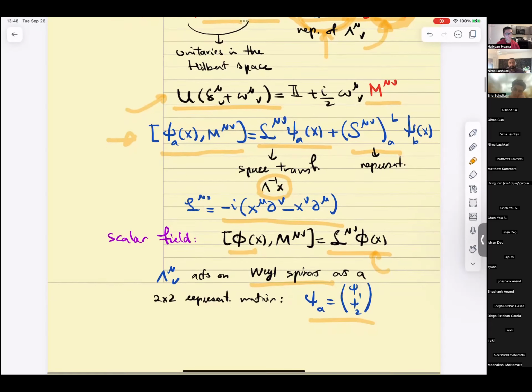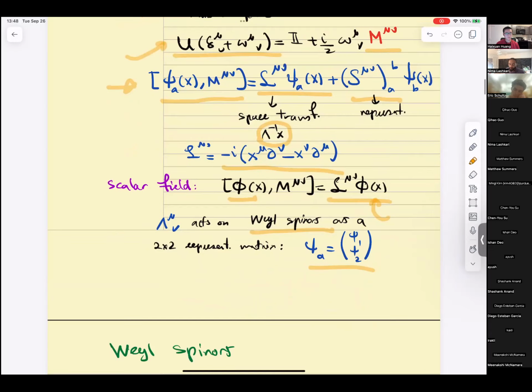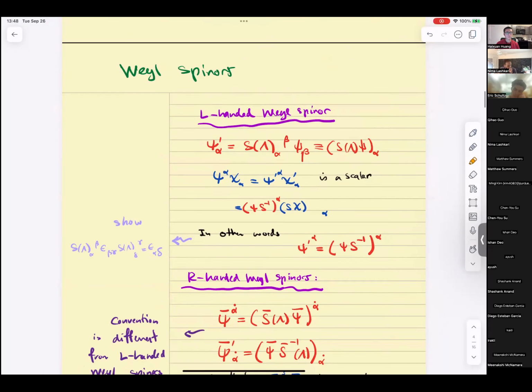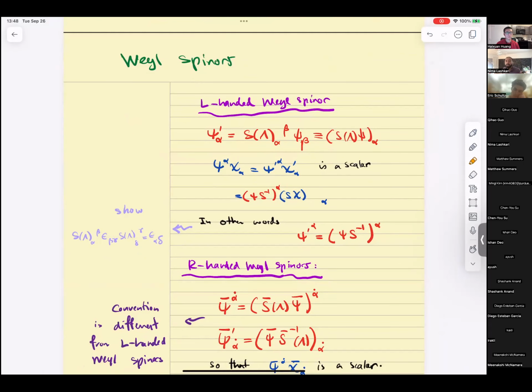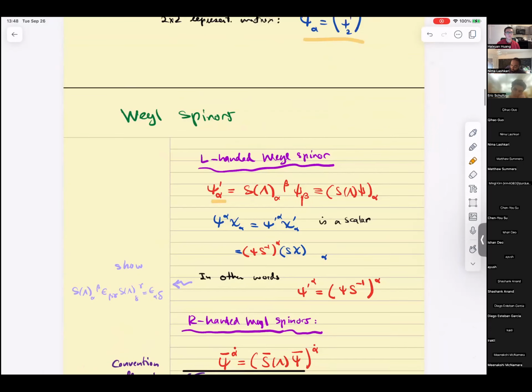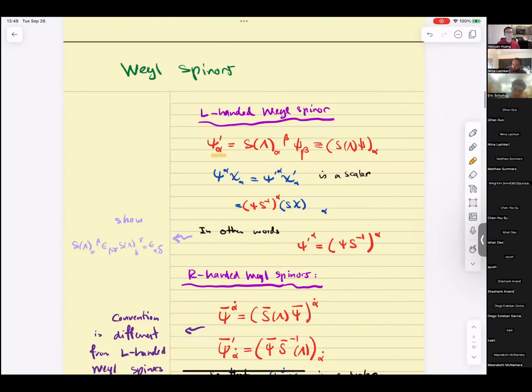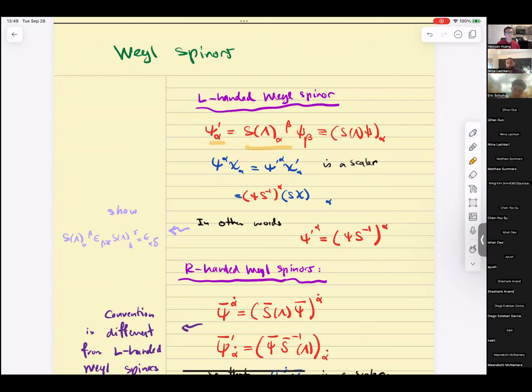We have constructed them before, but let's go over it step by step. Before telling you what these matrices are, let's see what we expect. Of course, this α index is the index of the representation, so it's going to be a matrix with αβ indices acting on it, and this is the notation I'm going to be using.